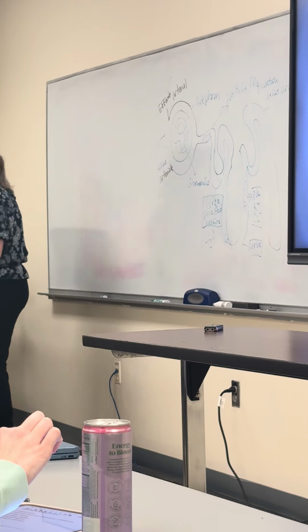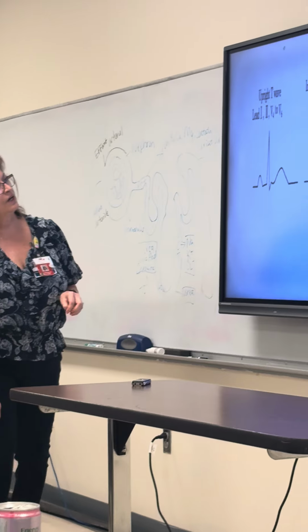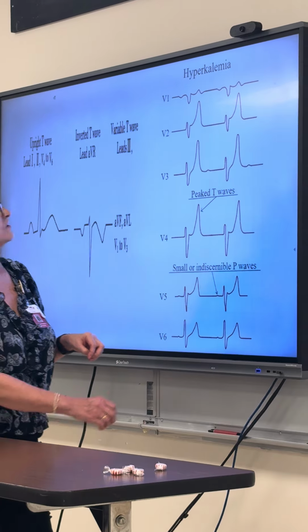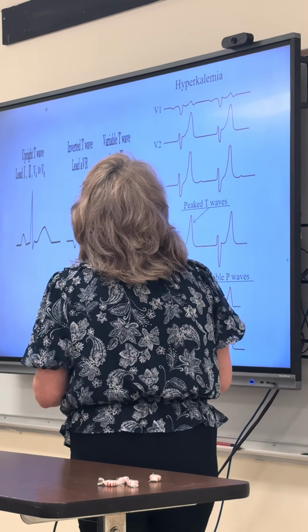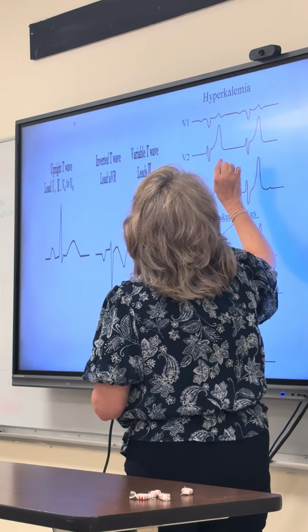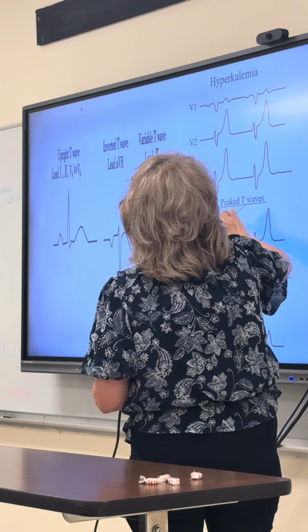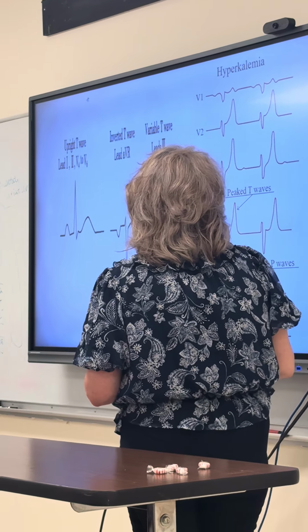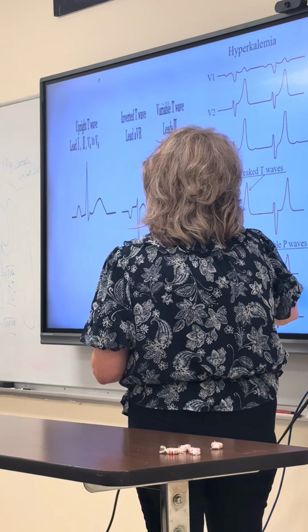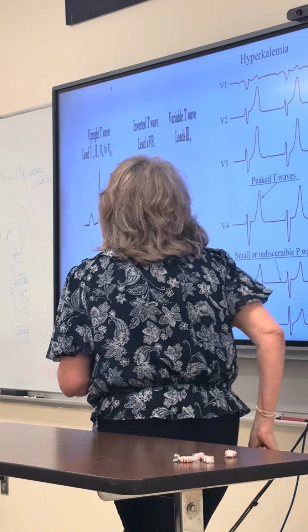So you can see on the slide where the hyperkalemia with excessive amounts of potassium release, these are inverted. And then here you can notice the peaked T waves, here, here, here, here, okay? And then this P wave here is almost diminished, okay?